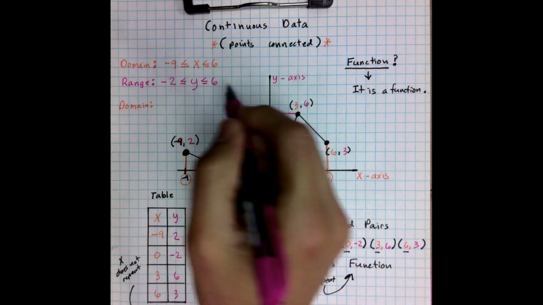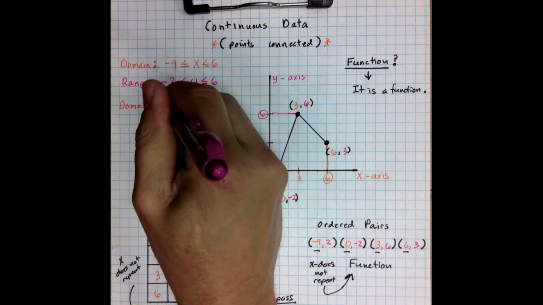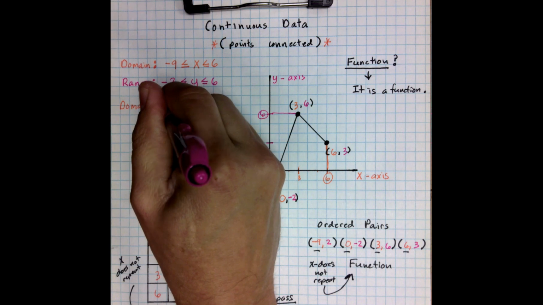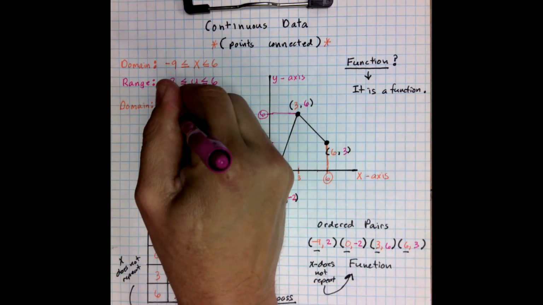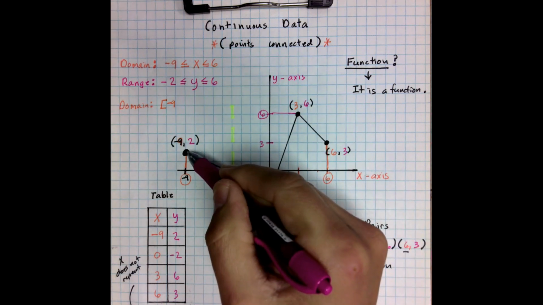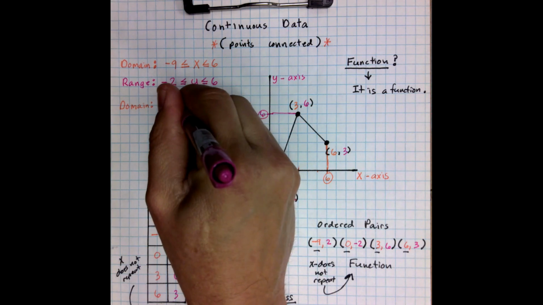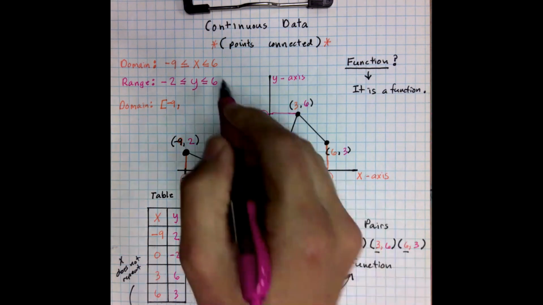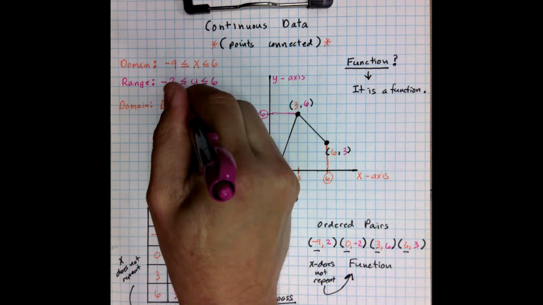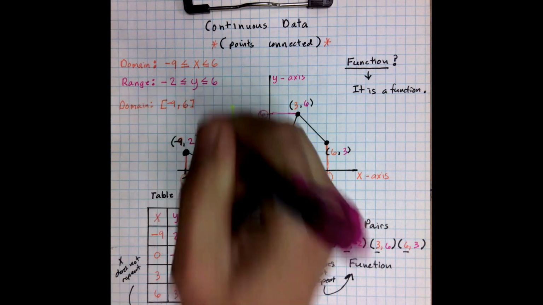If I want to write this in interval notation, I'm going to use a bracket, and I'm going to put that -9 after it. Now I'm using a bracket because it's a closed dot. If it was an open dot, I would use a parenthesis. And then I'm going to put a comma. And then I'm going to put the furthest it goes to the right, which in this case was 6. And we know that from the inequality we had a 6. It's also a closed dot, so I'm going to put it in a bracket as well.